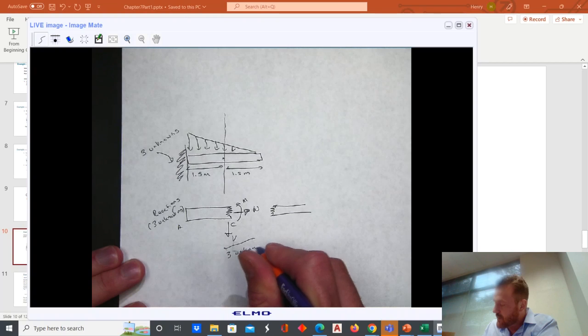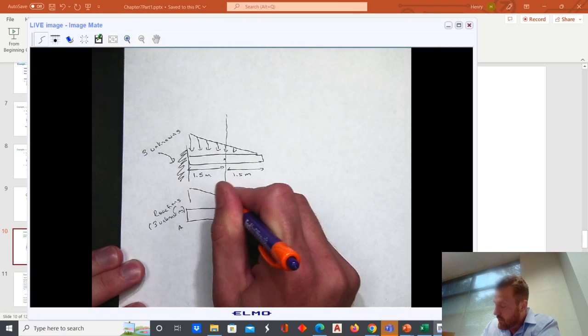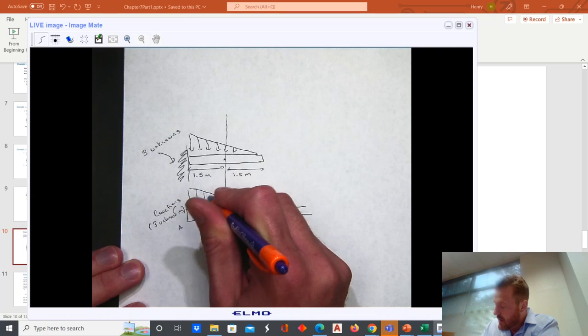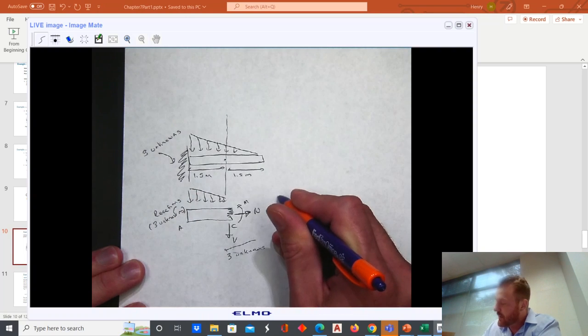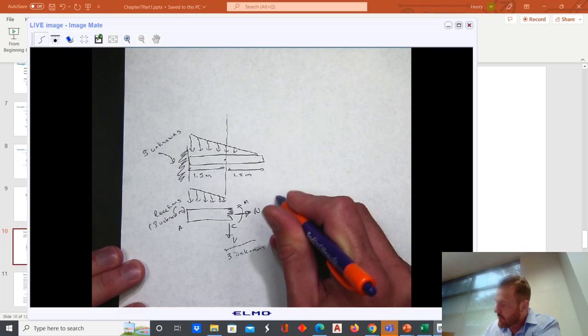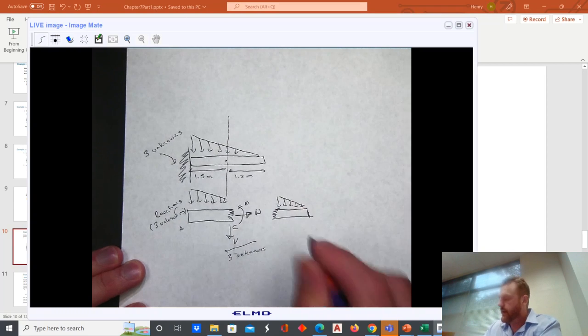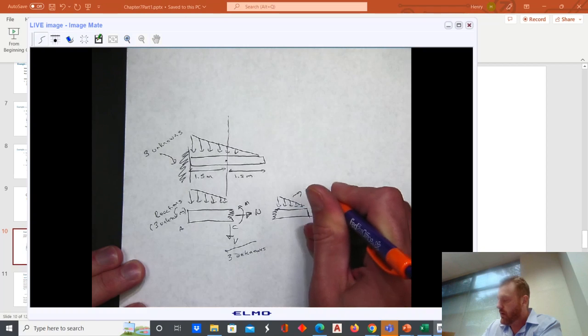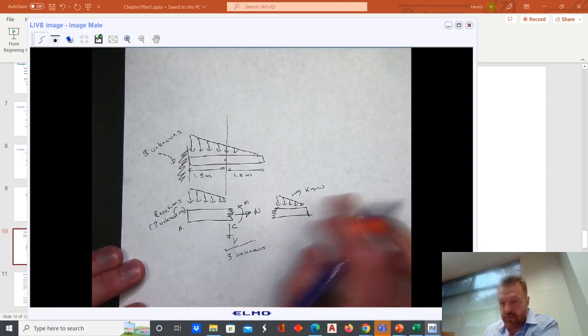We have 3 unknowns associated with the reaction, and we have our actual load that's present upon this part of the beam. However, the key point is that we know, or we can describe, the characteristics of the actual loading force.